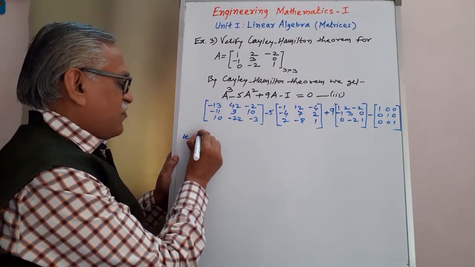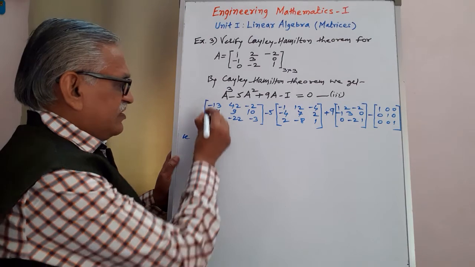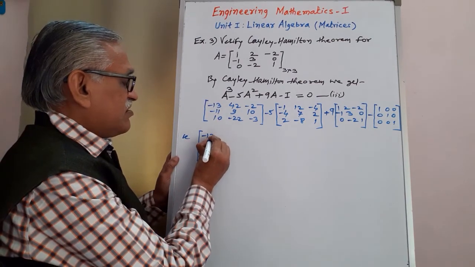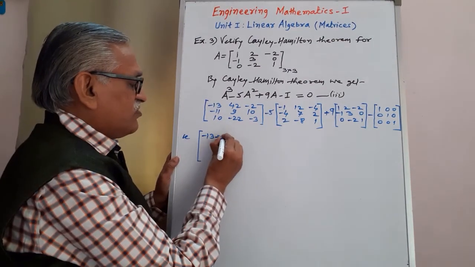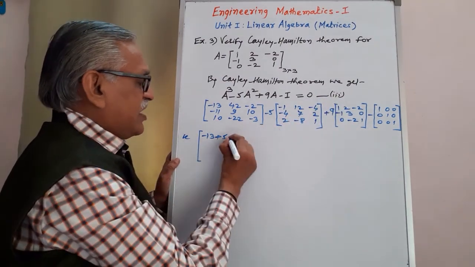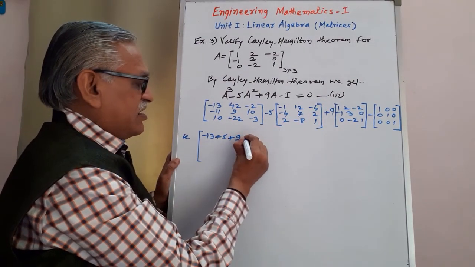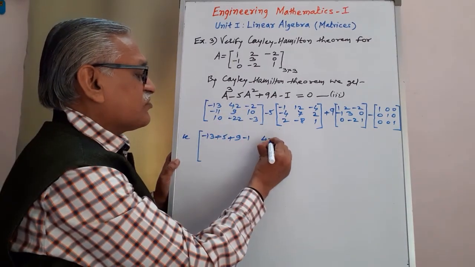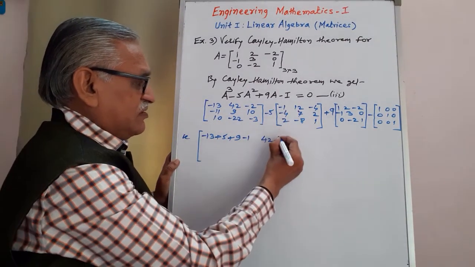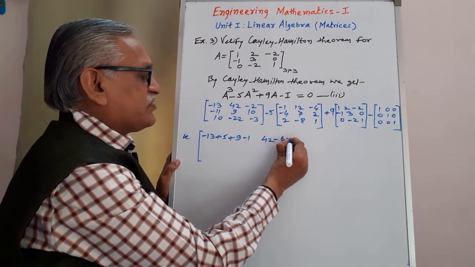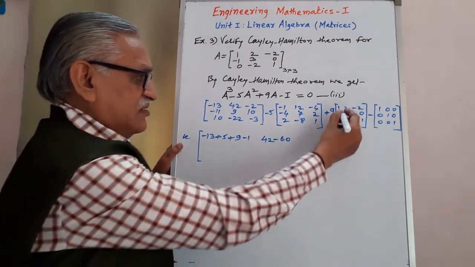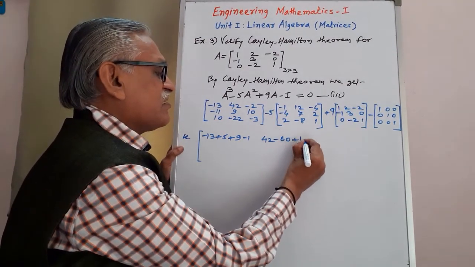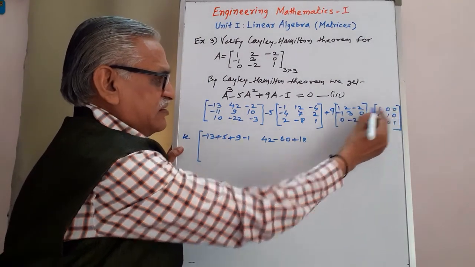That is, adding first element of all matrices: -13 plus 5 plus 9 and -1. Then 42 minus 60 plus 18 and 0.